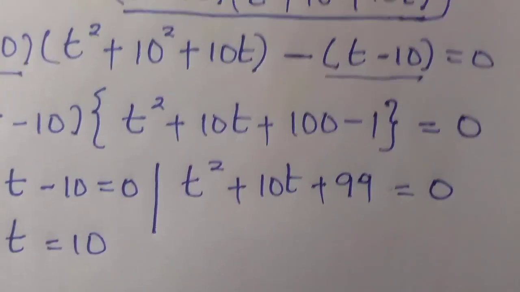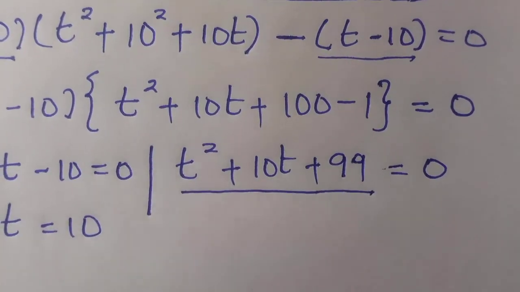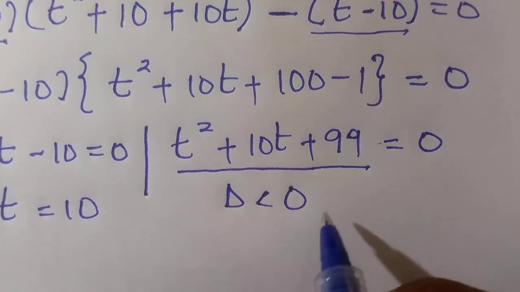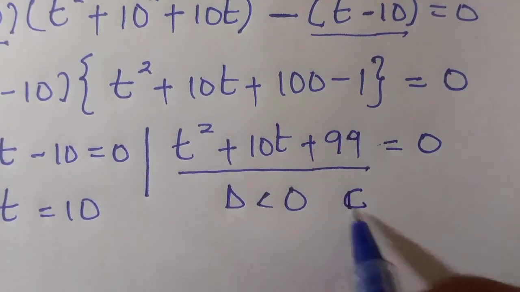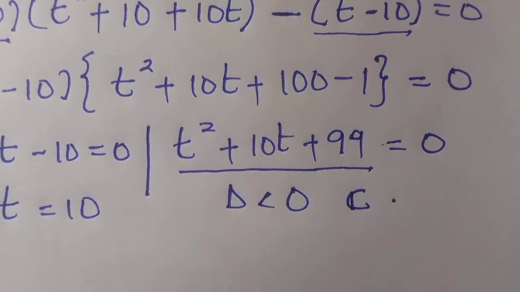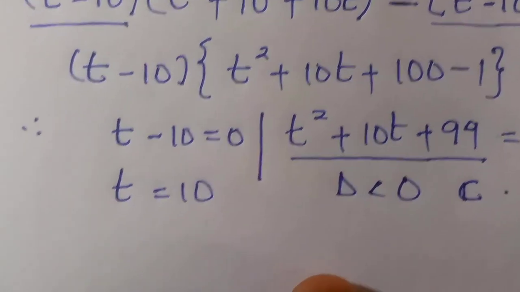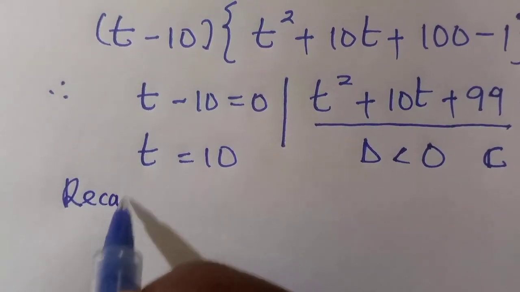And also here, which is a quadratic equation, when we consider the discriminant, it is less than 0 because of plus 99, which means that the value we are going to get here is a complex number, and therefore we are going to neglect this, or we reject it. Therefore, the only real value we have is T equals 10.